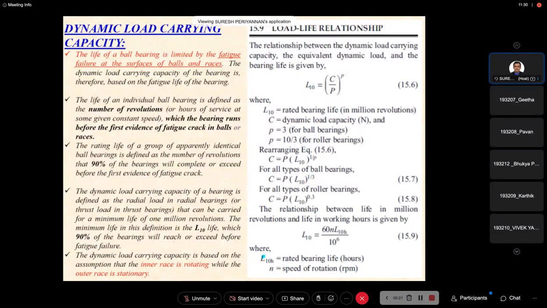Bearing 1 is only subjected to radial load and bearing 2 only to axial load, but both loads are of the same magnitude. Then it will be the same life.